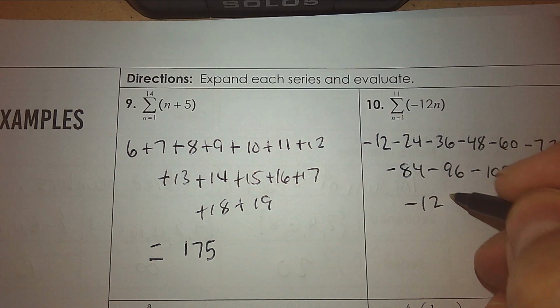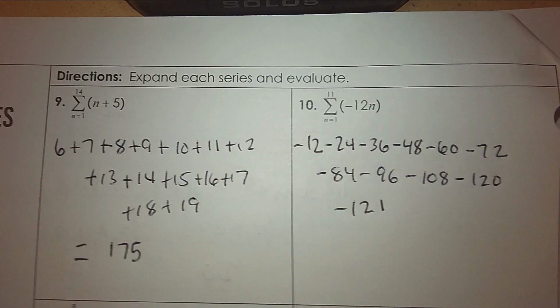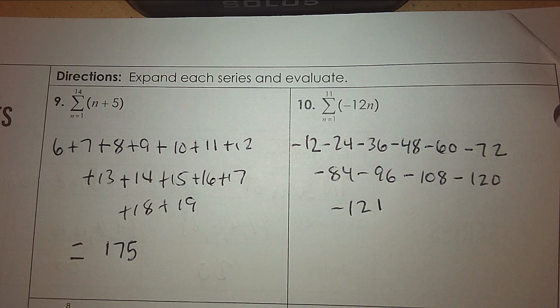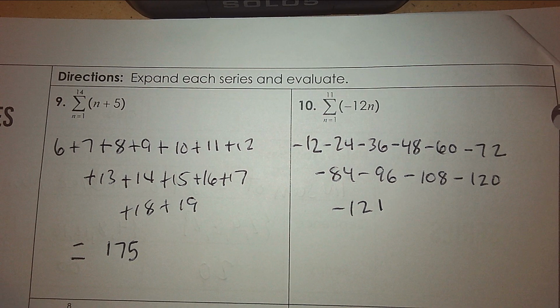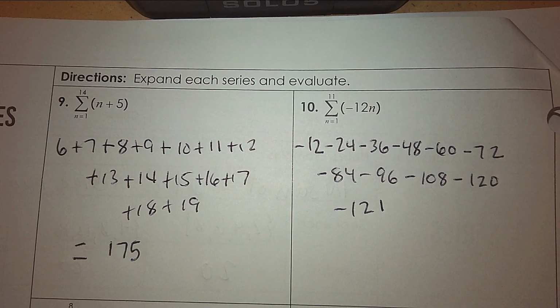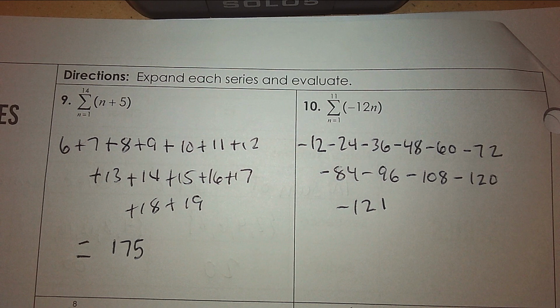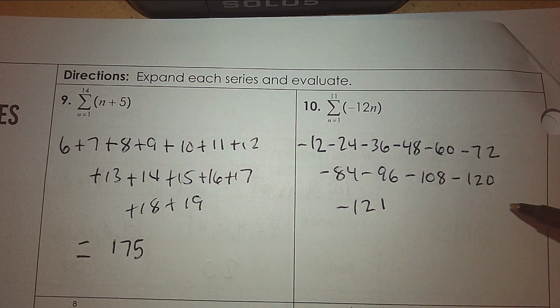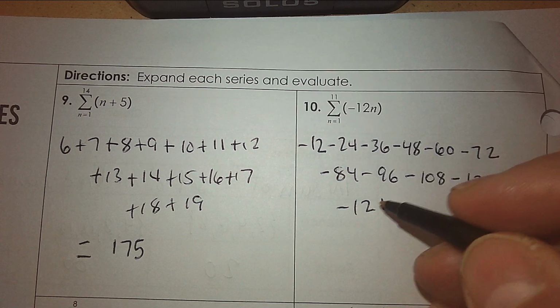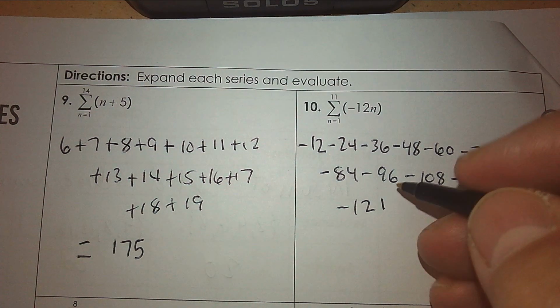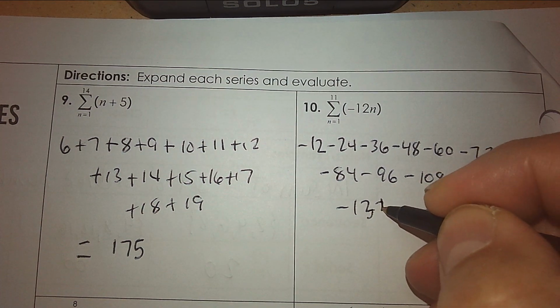So what number should you end with then? 121, right? 12 times 11? Because we go 11, right? So 12 times 11 would be the last one. What did I do wrong? I don't know my times tables. 132. How did I get from 120 to 121? That's something. All right.